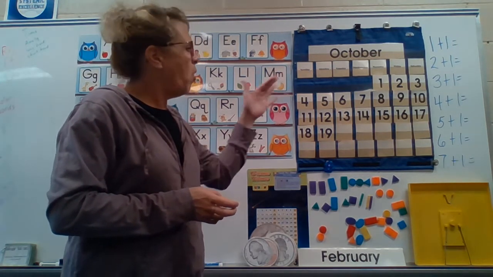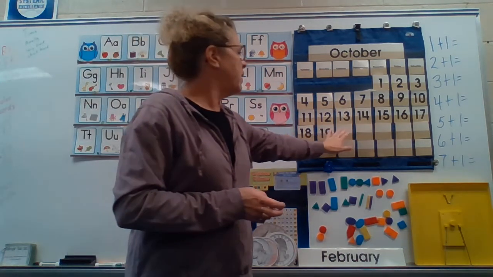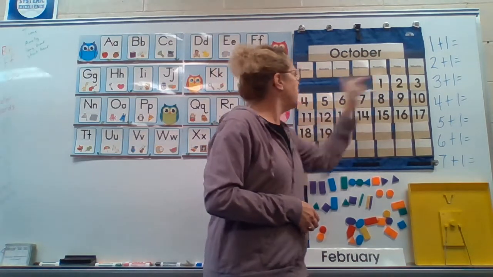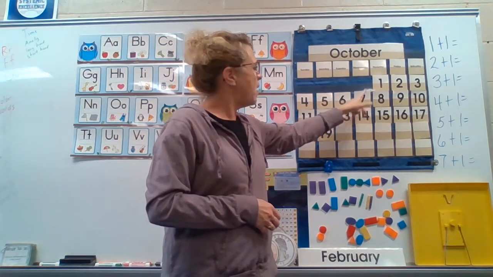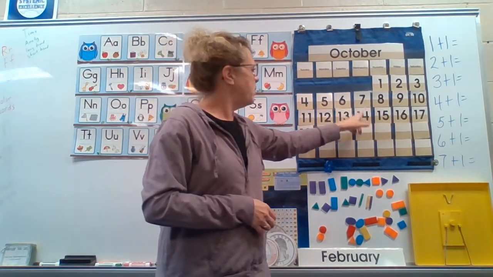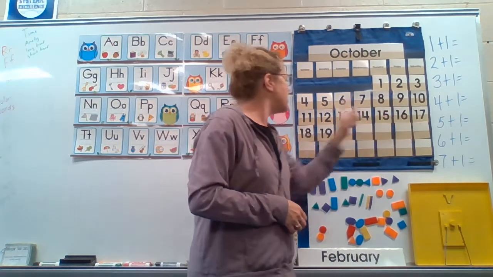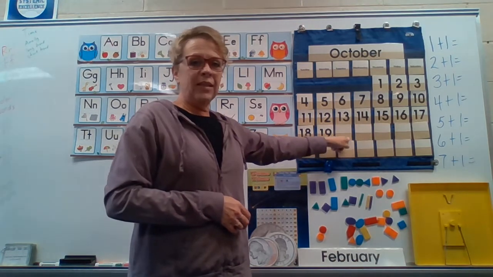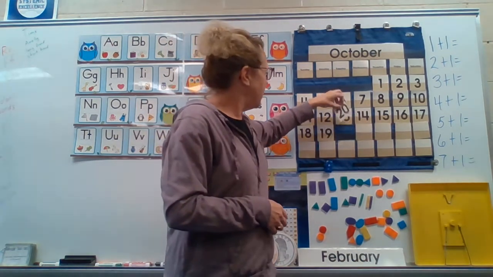So I'm going to count all the way down here. Ready? You count with me. 1, 2, 3, 4, 5, 6, 7, 8, 9, 10, 11, 12, 13, 14, 15, 16, 17, 18, 19, 20.